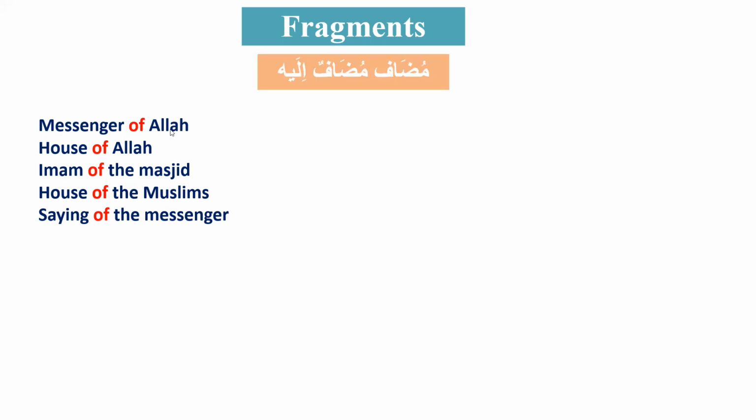It is Allah's messenger. A house of Allah means a house which belongs to Allah subhanahu wa ta'ala. Imam of the masjid, so it's kind of a belonging. The Imam belongs to the masjid. House belongs to the Muslims. Saying of the messenger: this saying belongs to the messenger.